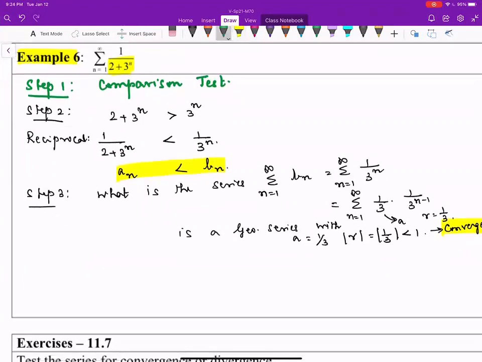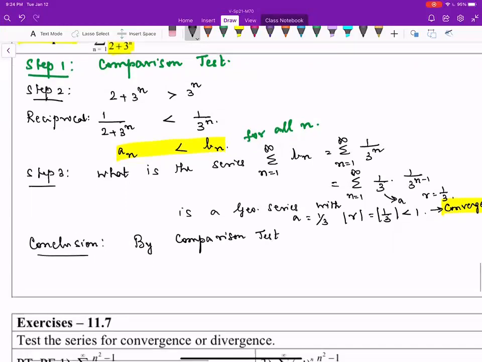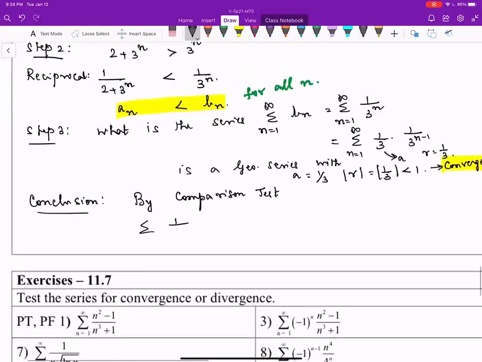And this is true for every n. Therefore, your conclusion would be: by comparison test, the given series sigma 1 over 2 plus 3 to the power n converges.